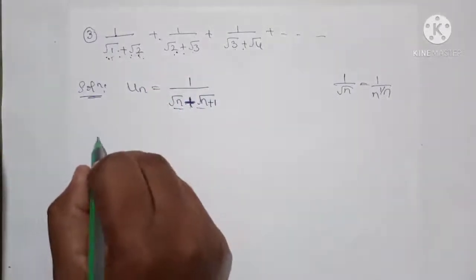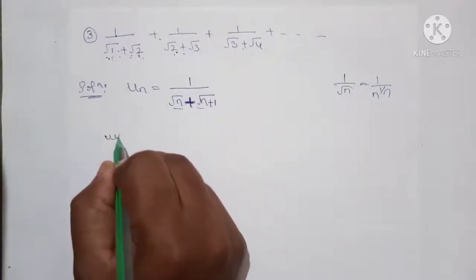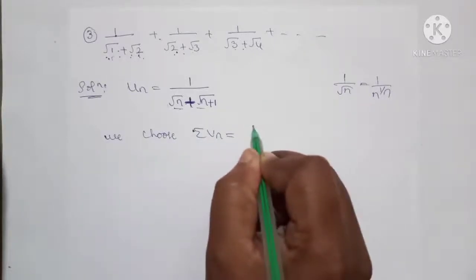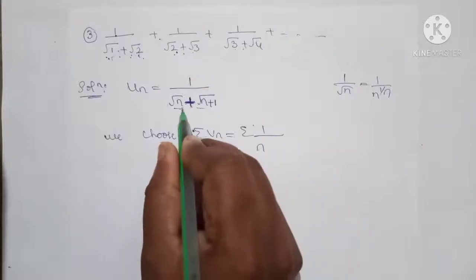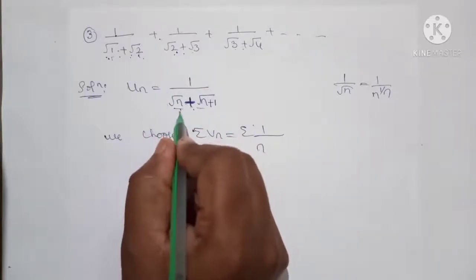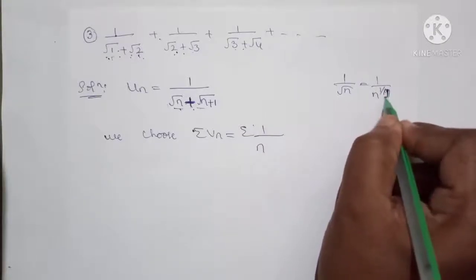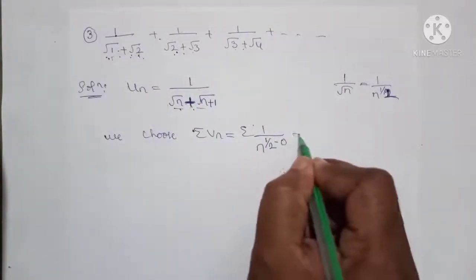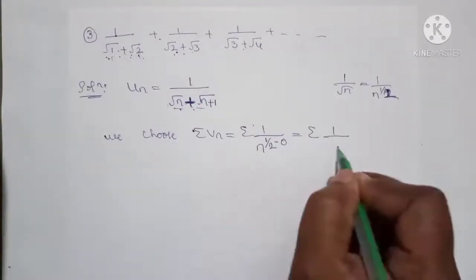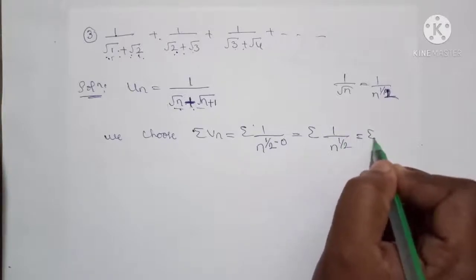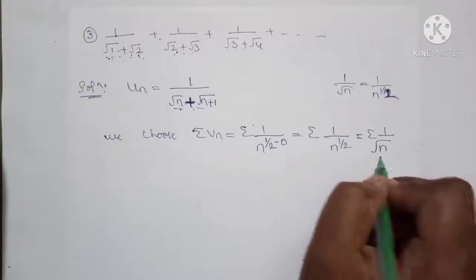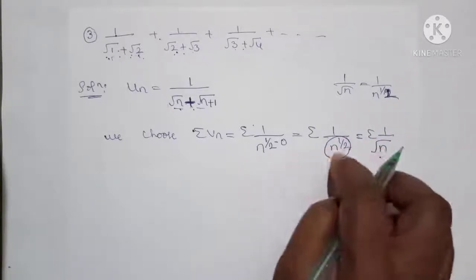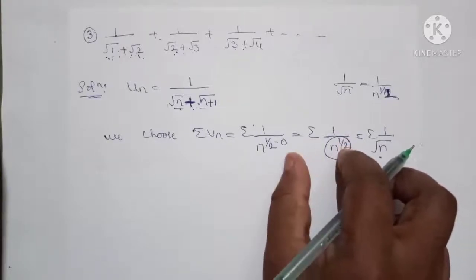Therefore we choose summation vn equals summation 1 divided by n raised to p minus q. The highest degree of n in the denominator is 1 by 2, minus 0. So this equals summation 1 divided by n power 1 by 2, or you can also write it as summation 1 divided by n root n. It is better if you represent it in this form, so it will be easy to test the given series, because n raised to 1 by 2 means it will be a p series.